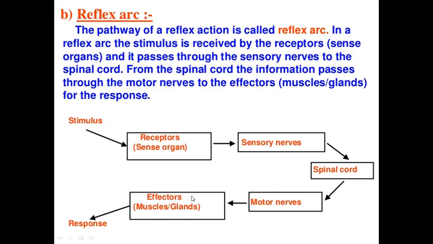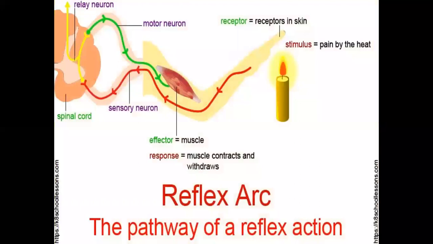These effectors are muscles and glands for the response. We will see this in the diagram, then you can understand. This is the pathway of a reflex action.